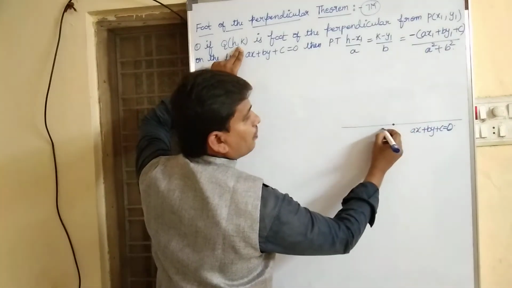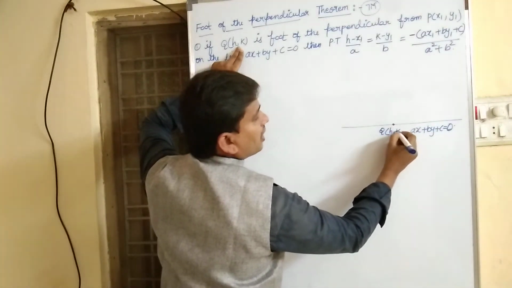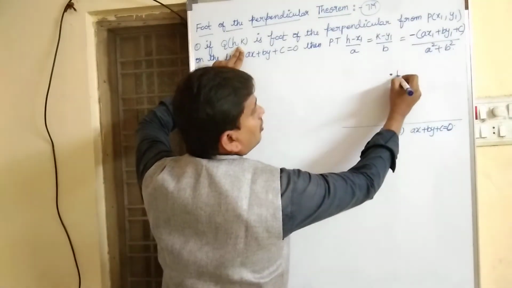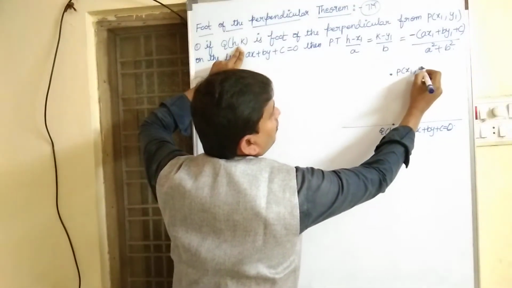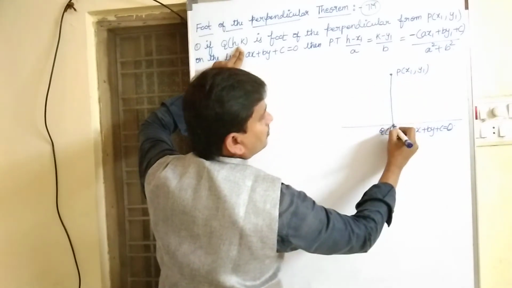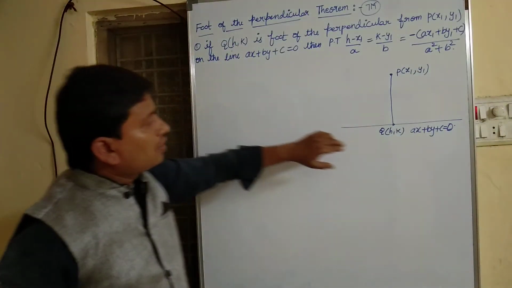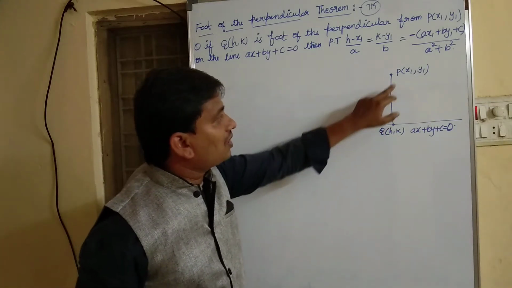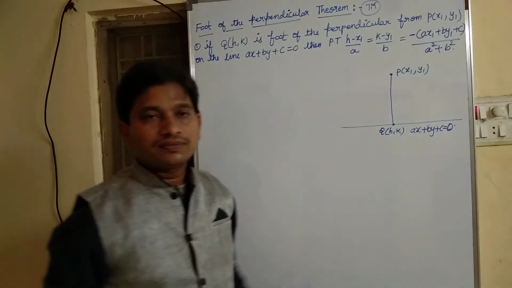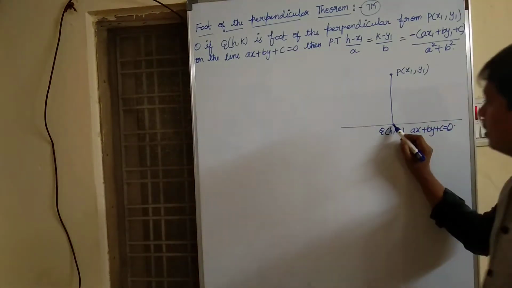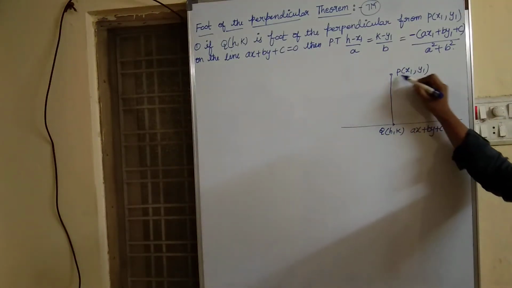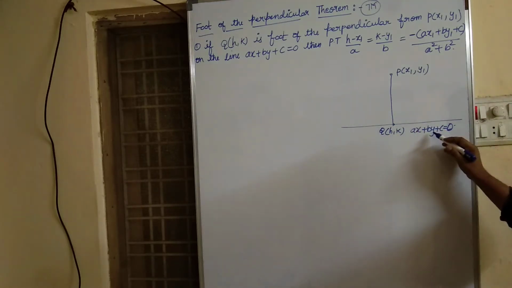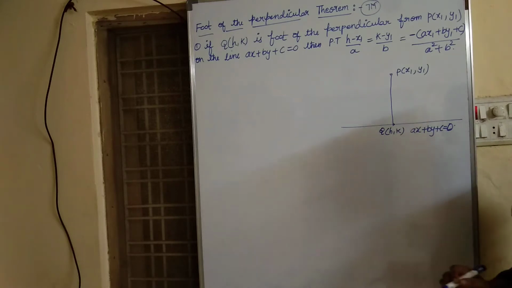So for example, this is the point Q of h comma k, the foot of the perpendicular from point P of x1 comma y1. So this is the foot of the perpendicular from point P of x1 comma y1 on the line ax plus by plus c equal to 0.